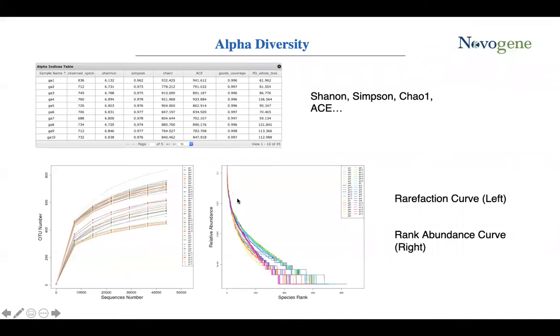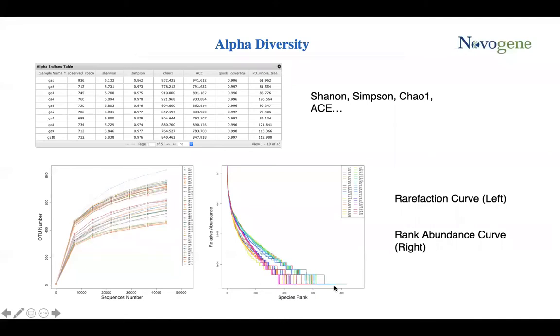We connect these points with polylines to obtain this rank abundance curve, which can directly reflect the richness and evenness of species in the samples. For the rank abundance curves, each curve represents a single sample, which can be colored and shaped by each sample name supplied in our mapping file.